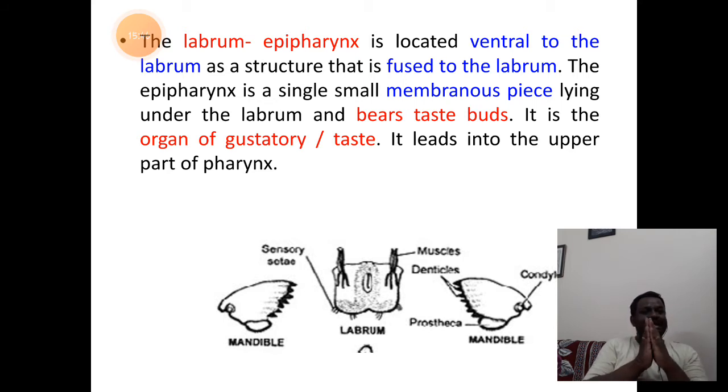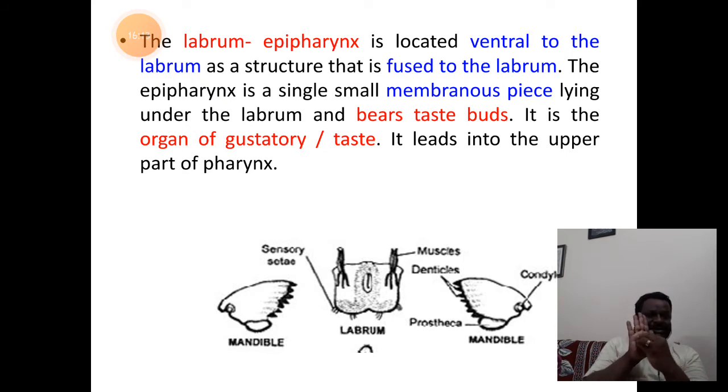It is a small membranous piece attached to the labrum itself, which helps in tasting the food. This membranous piece behind the labrum has certain taste buds attached to it.